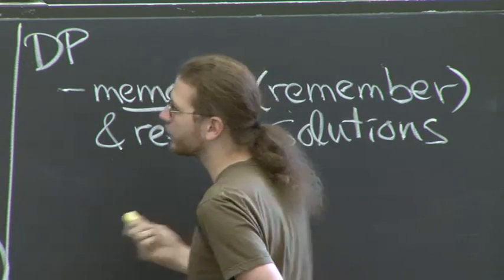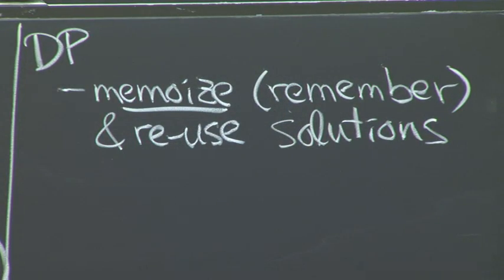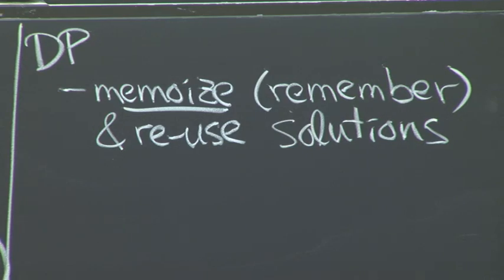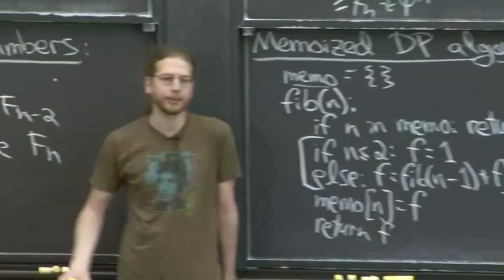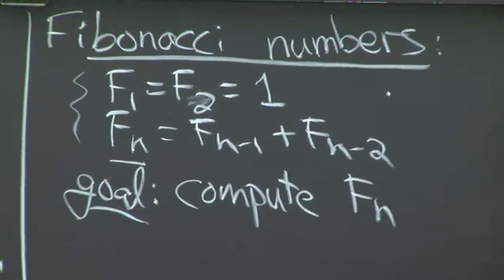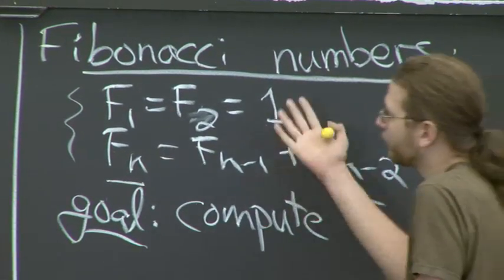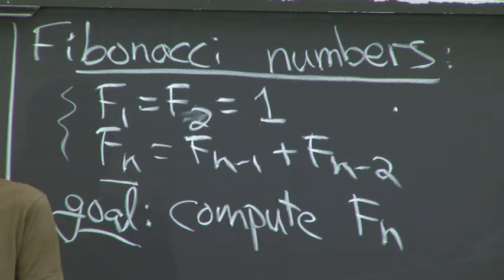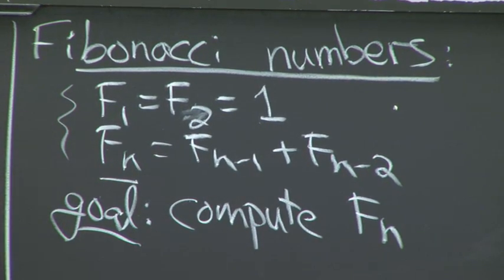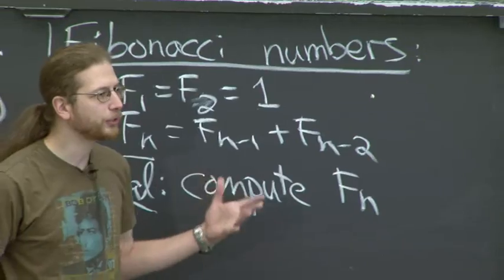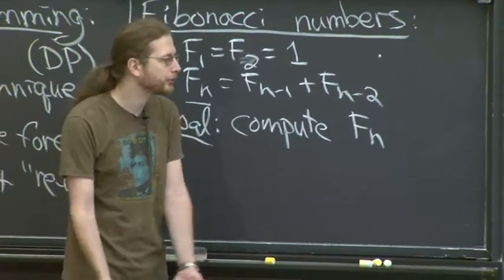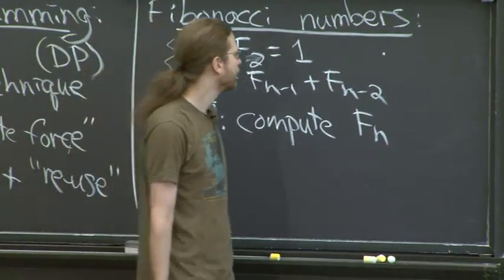Now, these solutions are not really a solution to the problem that I care about. The problem I care about is computing the nth Fibonacci number. To get there, I had to compute other Fibonacci numbers. Why? Because I had a recursive formulation. This is not always the way to solve a problem, but usually when you're solving something, you can split it into parts, into subproblems, we call them.